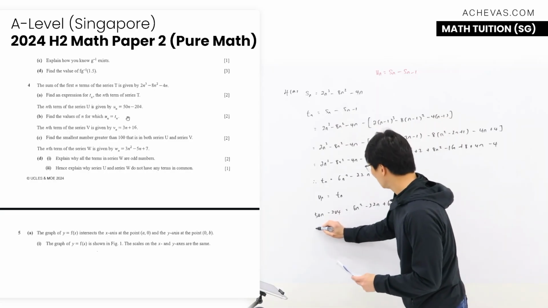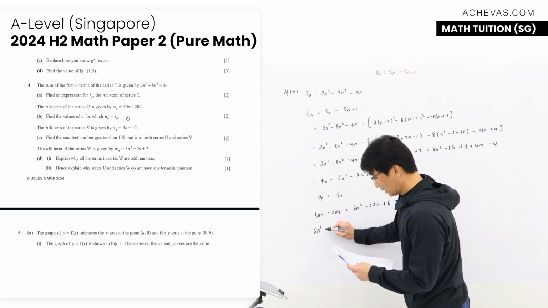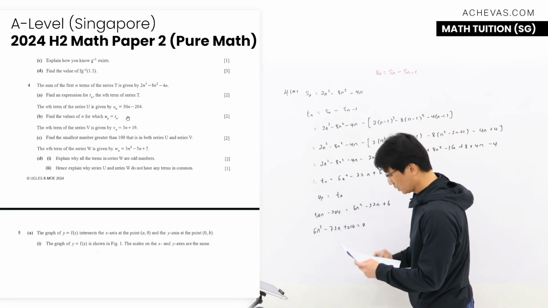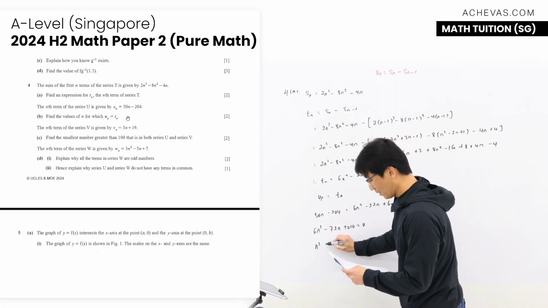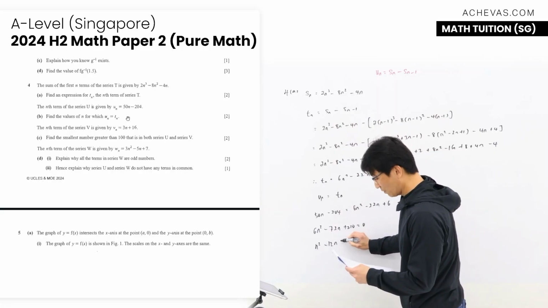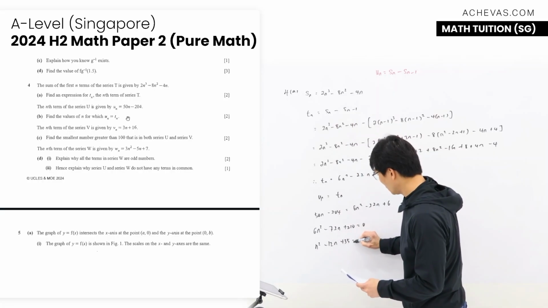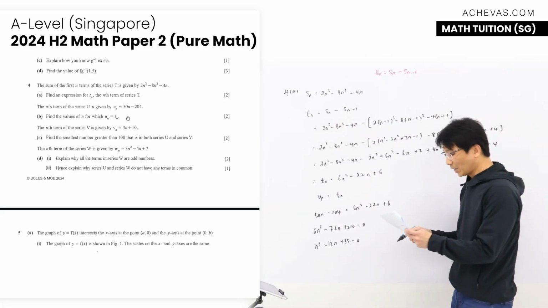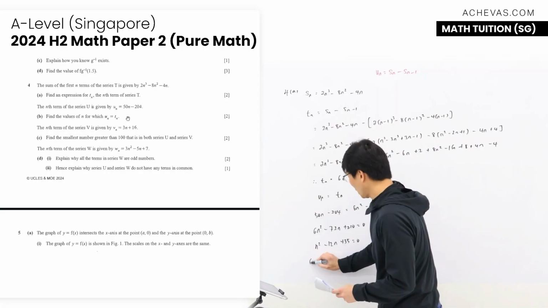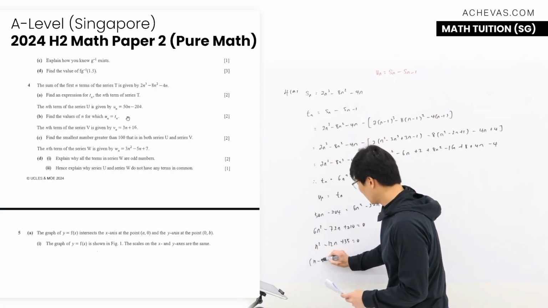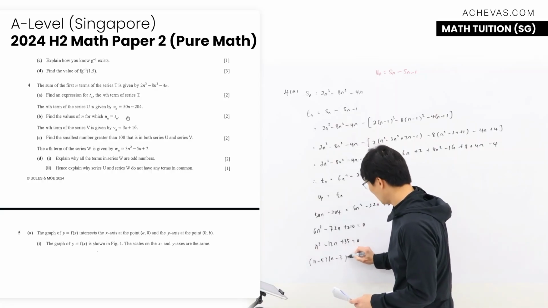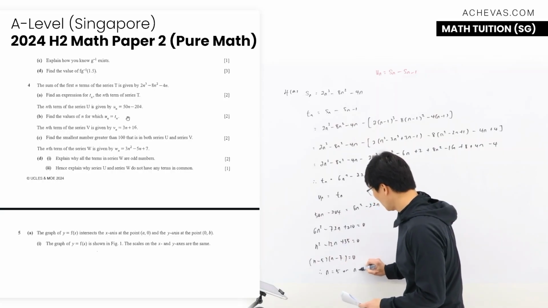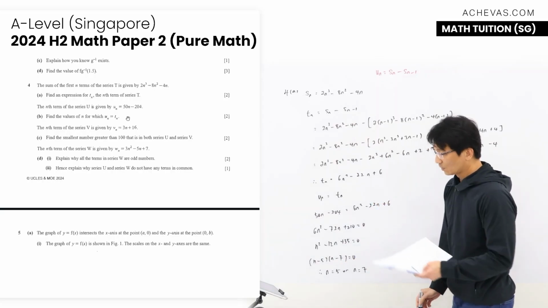Re-expressing this, we get 6n squared minus 72n plus 210 equal to 0. We'll have n squared minus 12n plus 35 equal to 0. You can solve this expression using our GC, or we can do a quick factorization: n minus 5, n minus 7 equal to 0. Therefore, n equal to 5 or n equal to 7.